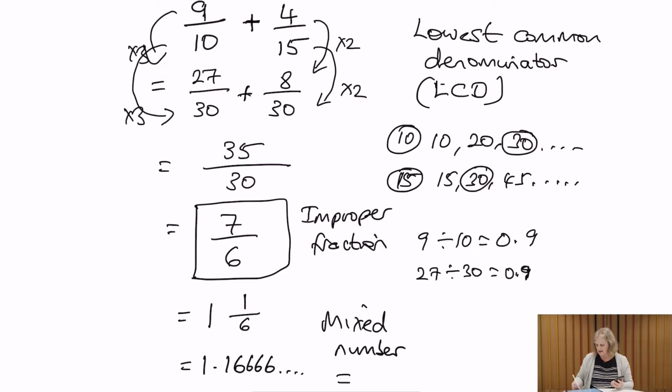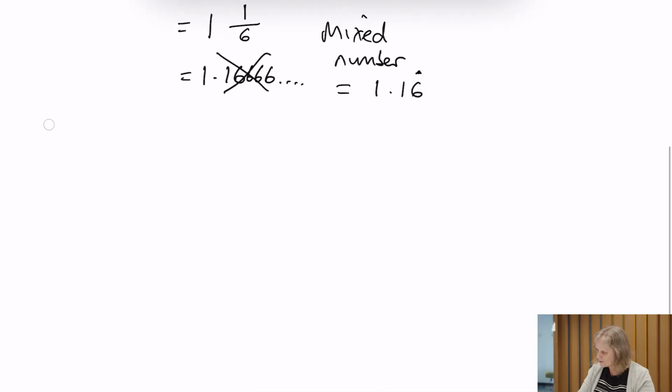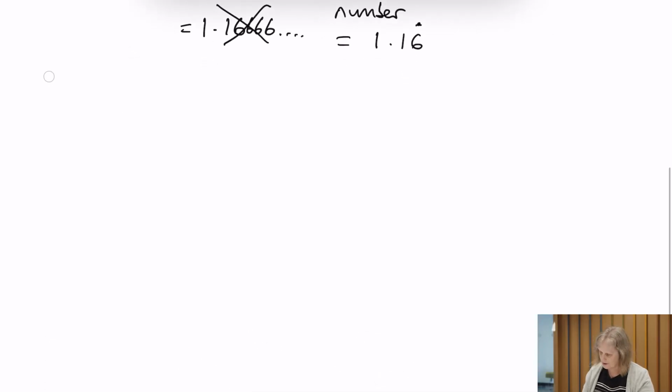And mathematically we might write that 1.16 and put a dot or a little line above the 6 to indicate that it's repeating to infinity. We don't actually want to write our answer as a decimal unless we were told specifically to do that.